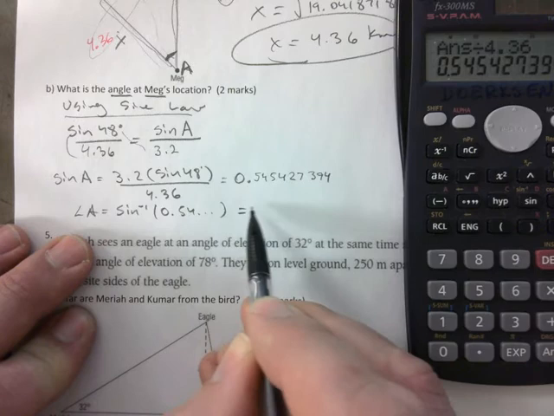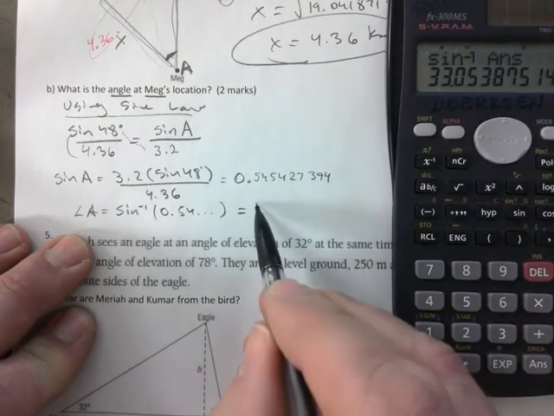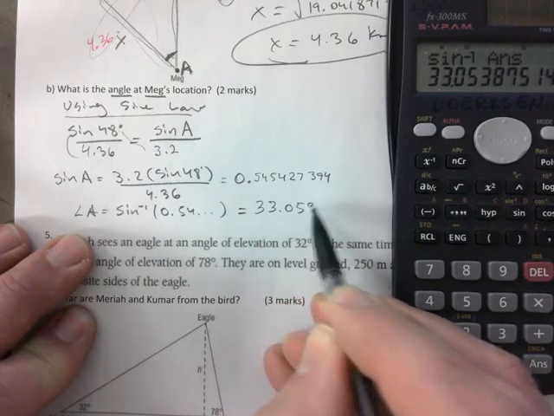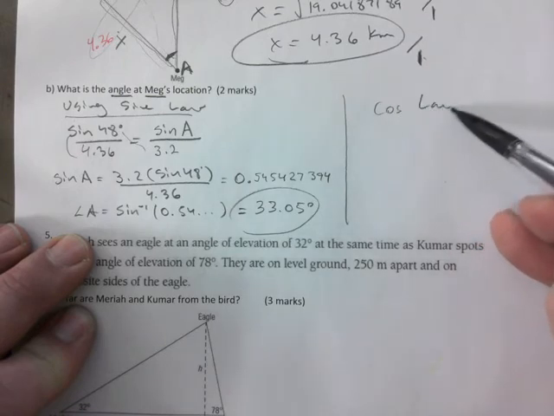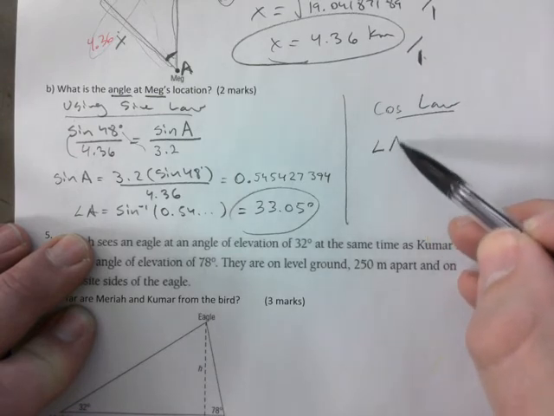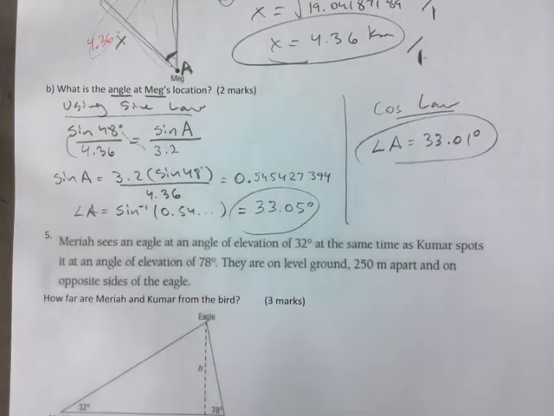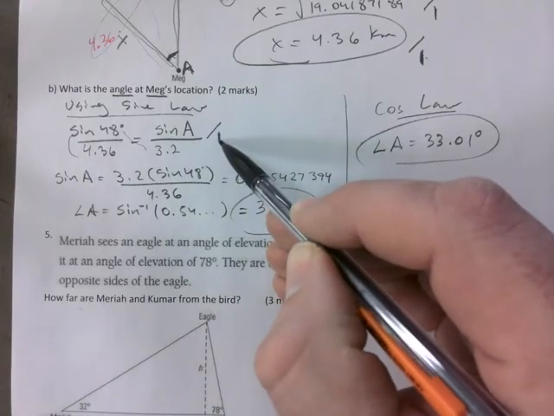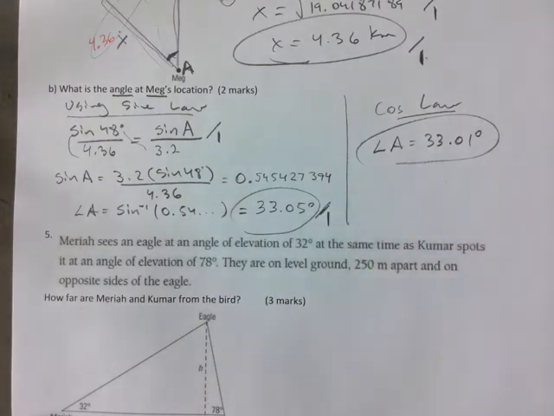I'm just going to do that, and that is 33.05 degrees. If you use cosine law, you get that angle A is 33.01. We'll give it to you either way. Okay. Marks, you may ask. 1 mark for setup, and I'll just give you 1 mark for the correct final answer. So 2 marks. We'll keep that at 2.